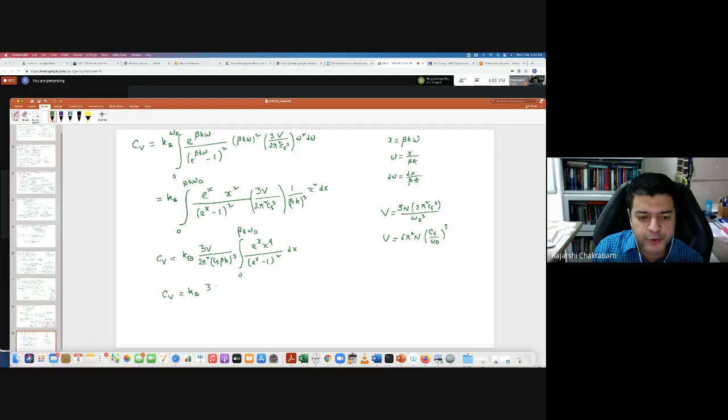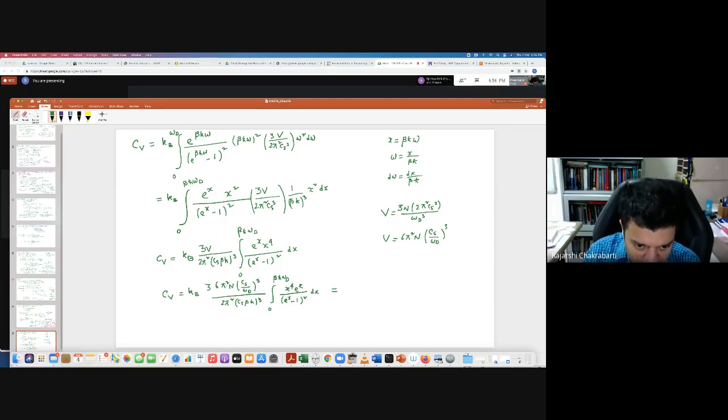KB 3 into 6 pi square n Cs by omega d, whole cube, divided by twice pi square Cs beta h cross cube. Is this clear?